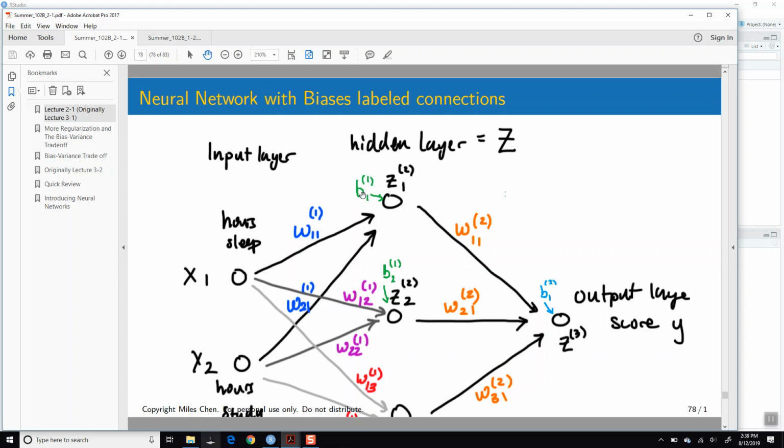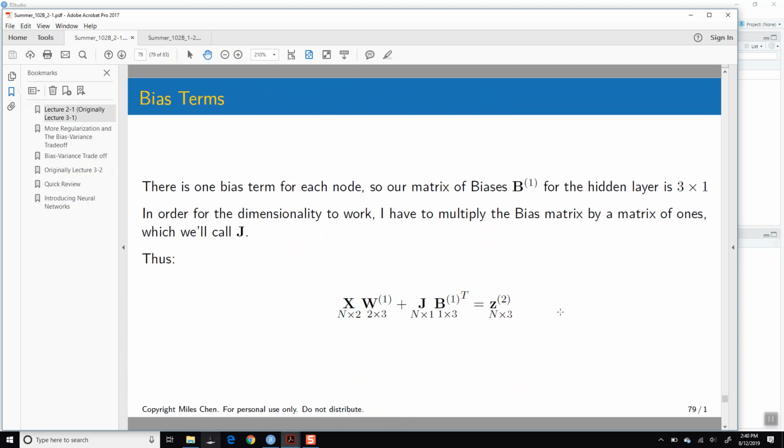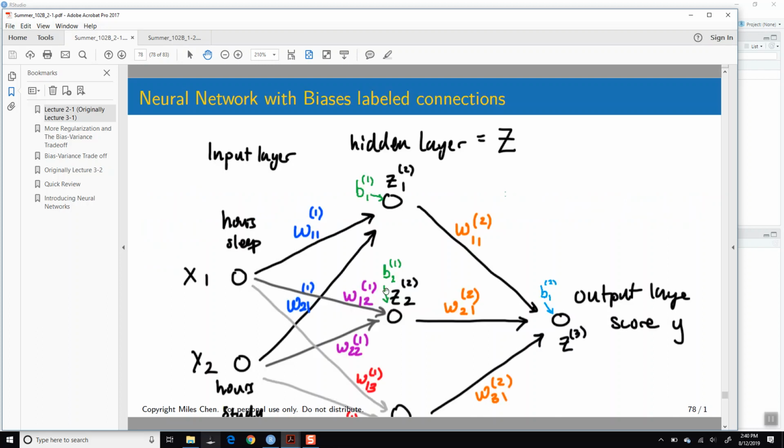If we wanted to include bias terms, we would add a constant to each of these nodes. Somehow this picture keeps getting cut off, and then we're adding a constant here. And this is what it looks like. So if we wanted to do bias terms, we take our x and multiply it by our w, n by 2 and 2 by 3. And then the bias, we're using the same bias for each of our z nodes.